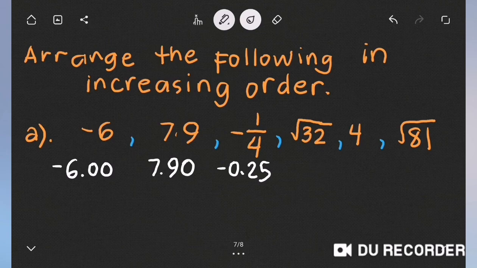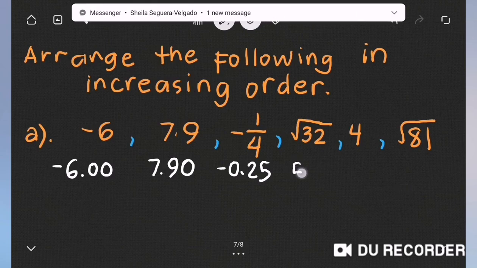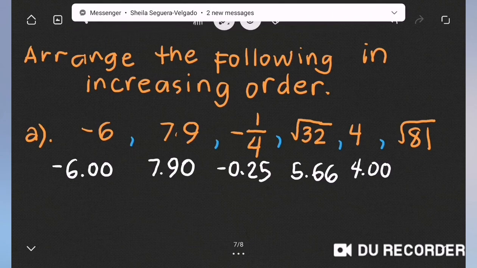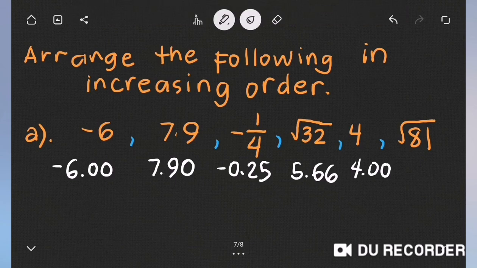For square root of 32, approximately this is equal to 5.66. 4 is 4.00, and square root of 81 is a perfect square number. We all know that the roots of 81 is either positive or negative, but this time, ang i-consider lang natin is positive. So we have 9.00.